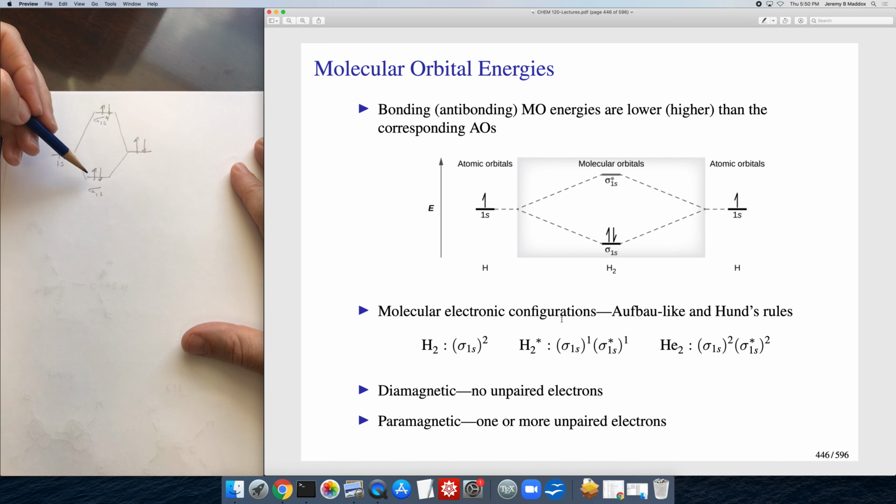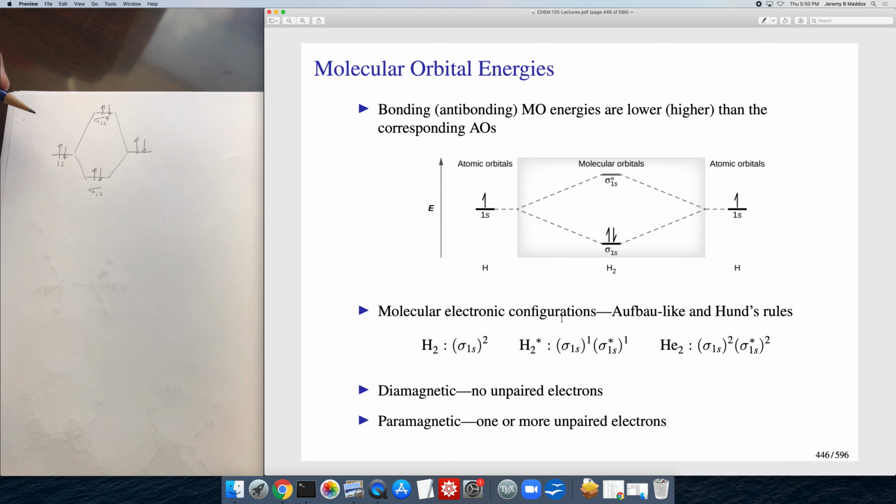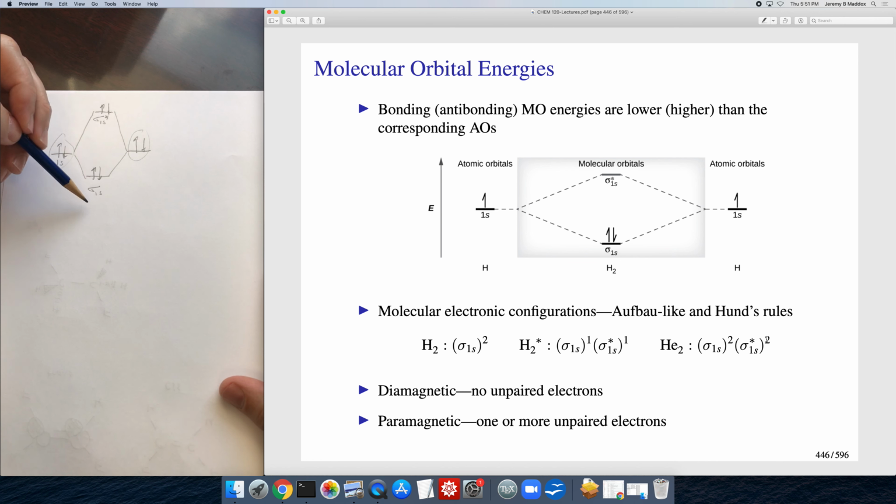Each molecular orbital can hold only two electrons. So the molecular electronic configuration of diatomic helium would be sigma 1s2, sigma 1s star 2. Right? So I had 4 electrons total. I've got to fill up the molecular orbitals with those 4 electrons. 2 go into the bonding. The other 2 can only go into the antibonding.